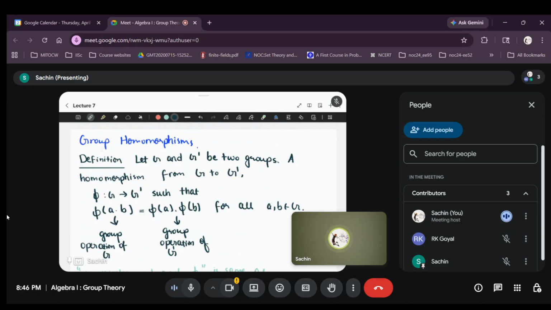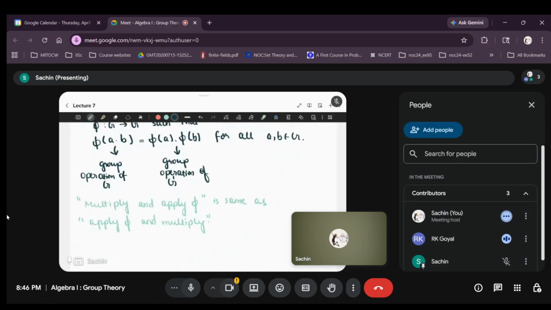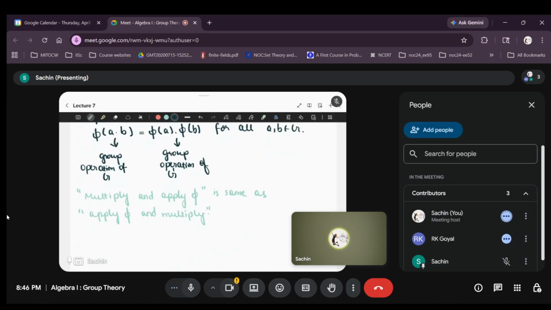We never said it's an onto function, and we never said it's a one-to-one function. So for the same phi, there's no inverse function. If there is, then we'll give it a different name. That's a special type of homomorphism that we simply call an isomorphism.